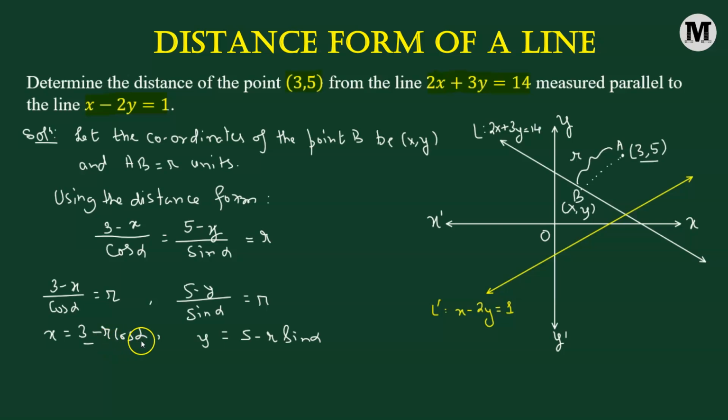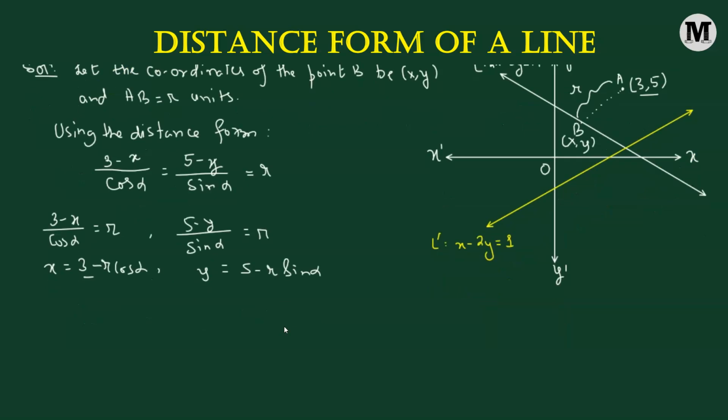Here r is going to be the parameter. So we can say that the coordinates of B are going to be expressed in the parametric form as (3 - r cosine alpha, 5 - r sine alpha). Now the next question is, what is the value of cosine alpha and sine alpha?